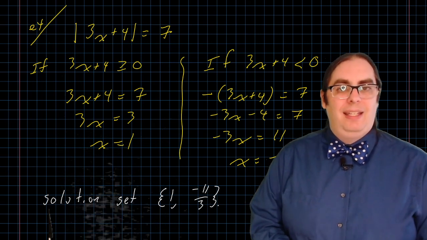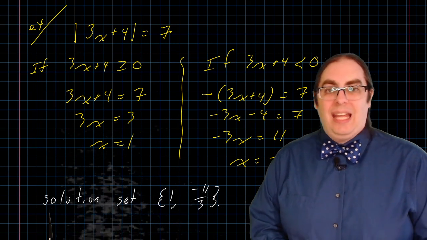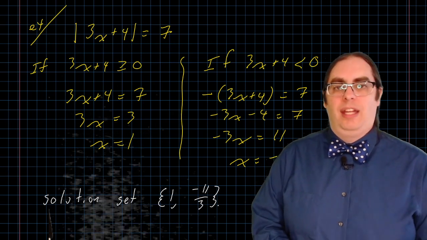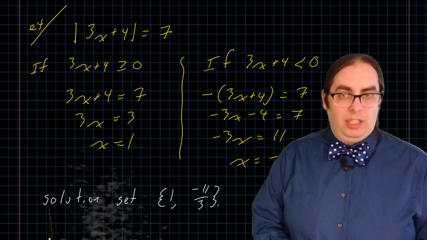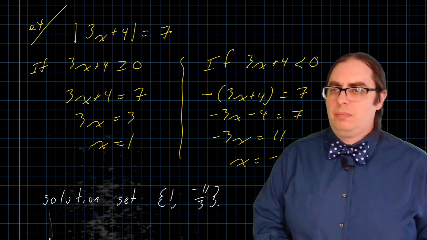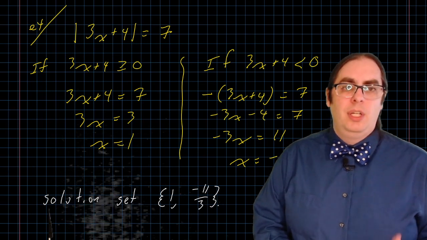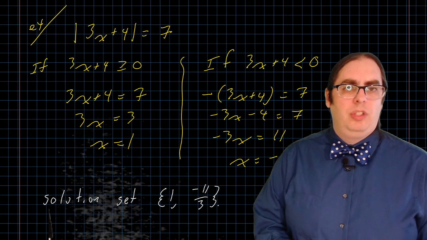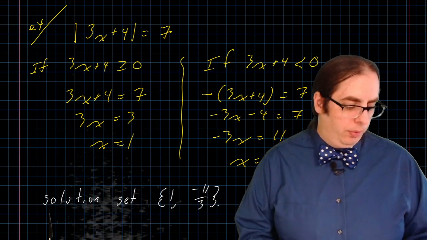Everything in the set is a solution to the equation, and there is nothing that satisfies the equation that is not in the set. I'm not going to write that vocabulary down. It's not that important. But you will see some problems asking you to play around with that, including the one coming up right now.